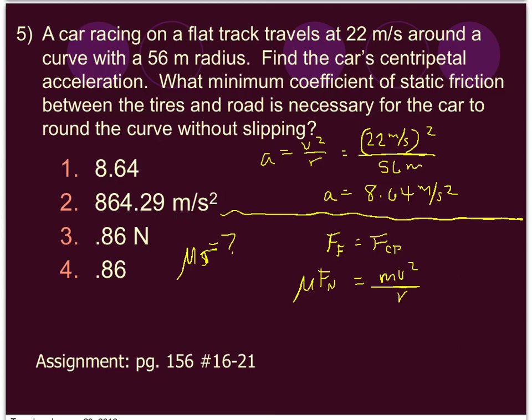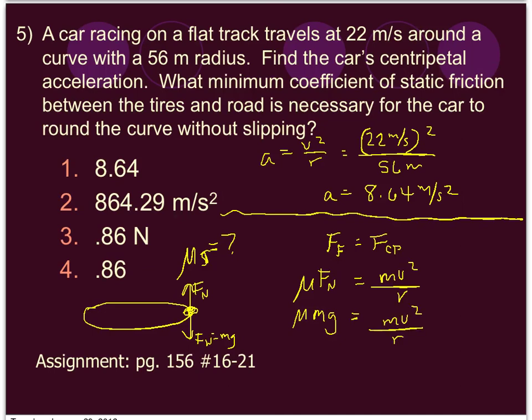Now we know that in this case, as the car is going around the track, gravity is going to be pulling it down, and there's no net force in the y direction, so that means that F_n has to be equal to F_w. And I know that F_w is equal to mg, so I can substitute this in here for F_n. So I end up with mu times mg equals mv squared over r.